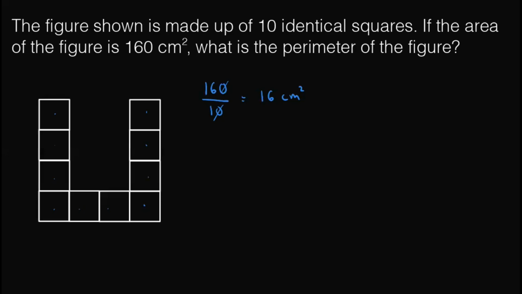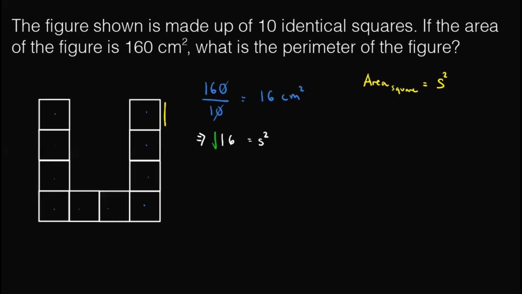Now from here, take note that the formula for the area of a square is given by s squared, wherein s represents one side of the square. So given 16 centimeters squared, this implies that 16 is equal to s squared.